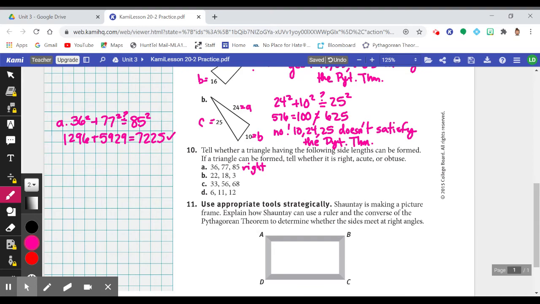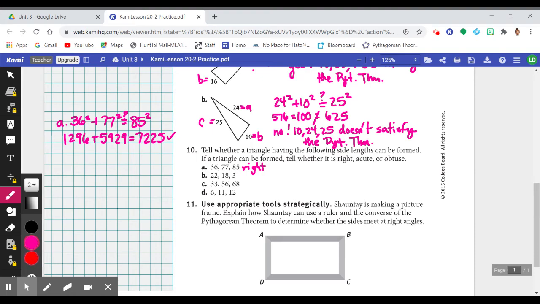And something I apologize, I even missed, it said if a triangle can be formed. So recall from the lesson that in order for a triangle to be formed, or three measurements to represent a triangle, the two smaller sides have to add to be greater than the third. So in item A, before we could actually know that it's a right triangle, we need to know, can a triangle be formed using these three measurements?